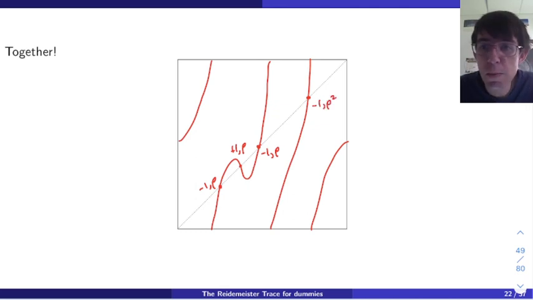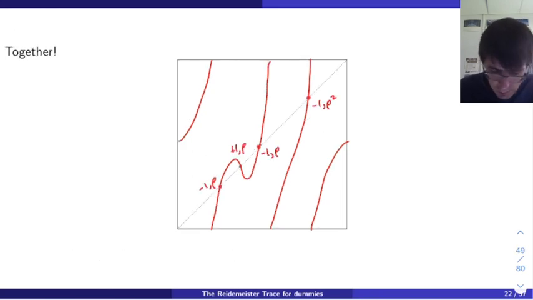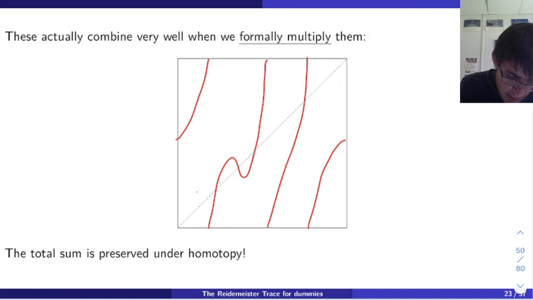So we want to consider both of these things at the same time. In fact, they combine very well when we formally multiply them. So rather than what I just wrote before, which had a comma between them, I'm actually just going to write negative rho here. Here I'm going to write a positive rho. Here I'm going to write a negative rho. And here I'm going to write a negative rho squared.